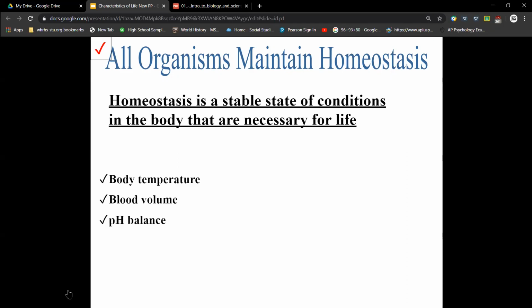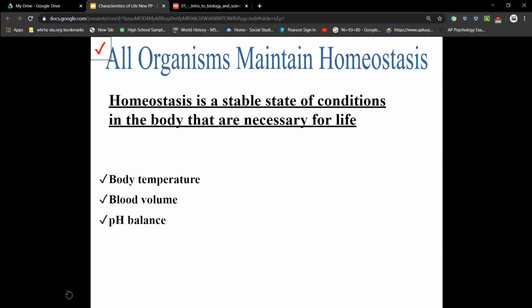Then pH balance. pH is a measure of acidity. Some things are really, really acidic, for example lemon juice. If your body had the same pH as lemon juice, you would not be able to survive. On the opposite end of the scale, there's alkalinity, or how basic something is.